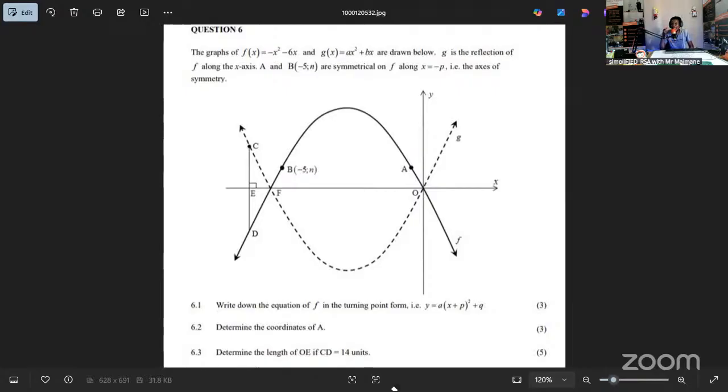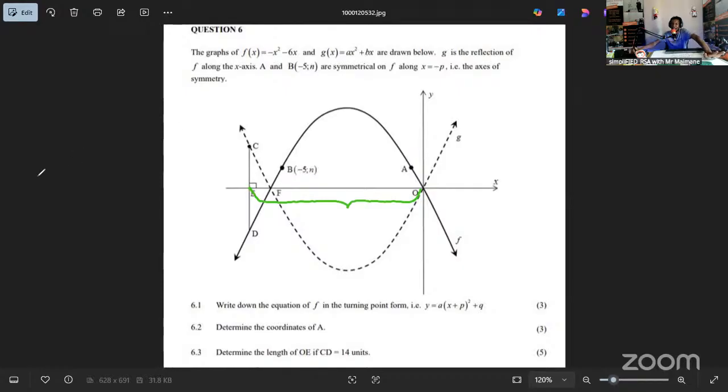If we want to determine OE, anything that has to do with OE, first size up your OE and look at where it is. Your OE starts from O here up to E there. At least you must know what you have to calculate. So you have to calculate the distance from O to E.